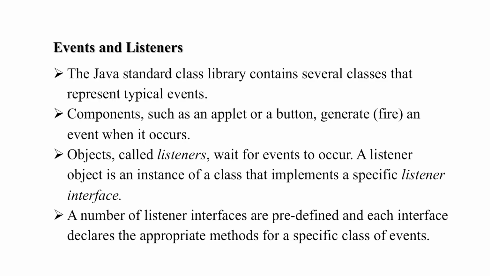The object we call the listener, or event listener, waits for the event to occur. The listener object is an instance of a class which implements a specific listener interface. A number of listener interfaces are predefined, and each interface declares the appropriate method for a specific class of event.